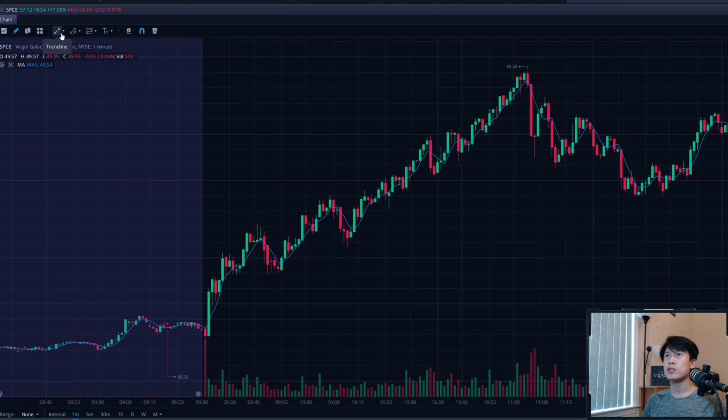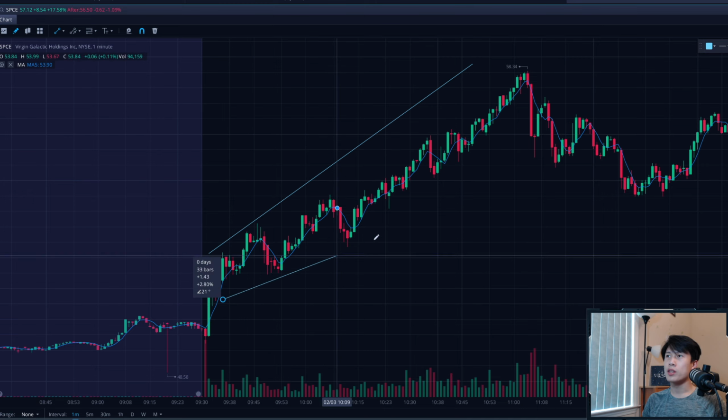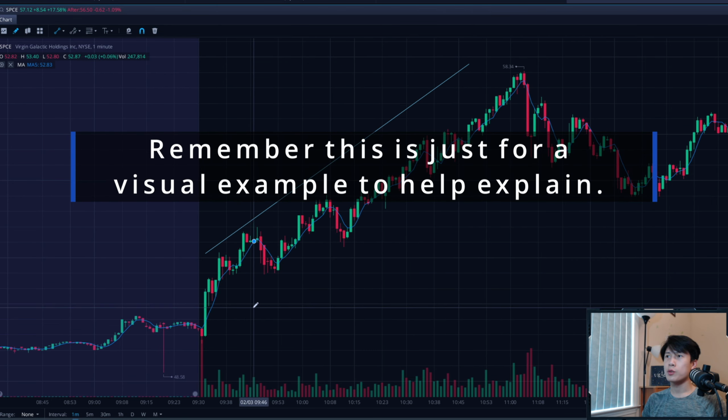So let's say I set a trailing stop loss. Essentially, I'm setting uncapped potential gains. To explain it, it's two parallel lines that are diagonal and moving up.